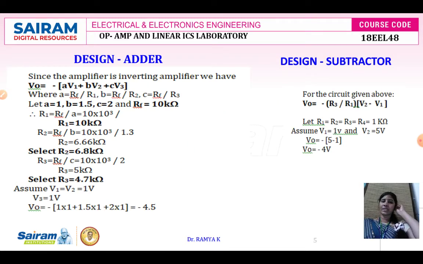Now to design the adder circuit, the design procedure is given here: what should be the values of R1, R2, R3 and the feedback resistance. We know that the gain AV is equal to minus V0 divided by Vin. Therefore, V0 is equal to minus (A times V1 plus B times V2 plus C times V3), where A, B, C are the respective gains connected to the respective inputs.